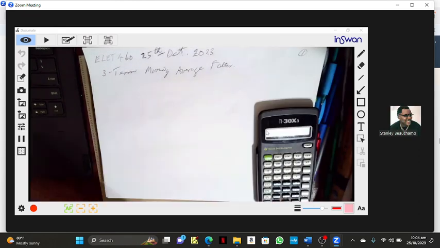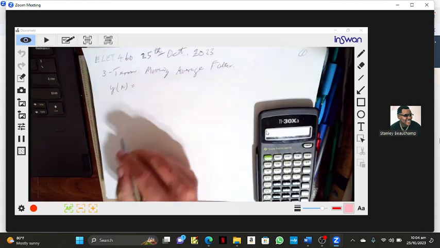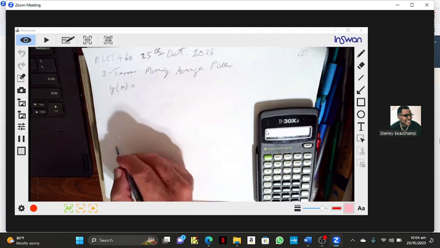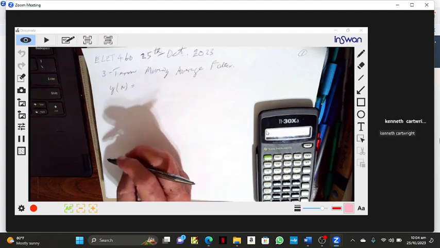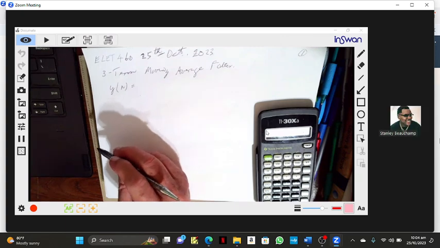Will a 3-term be y of n equal to 1/5? Why did you give me 1/5? You take an average. How do you take an average? Oh, 1/3, sorry.